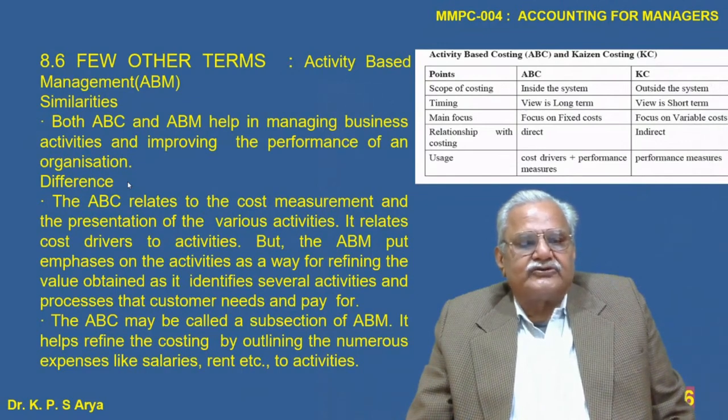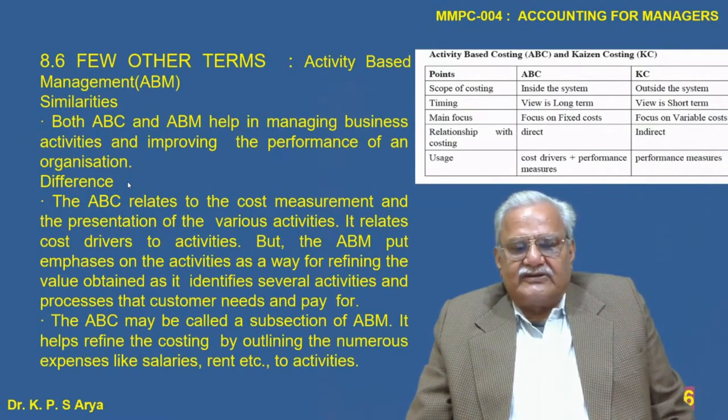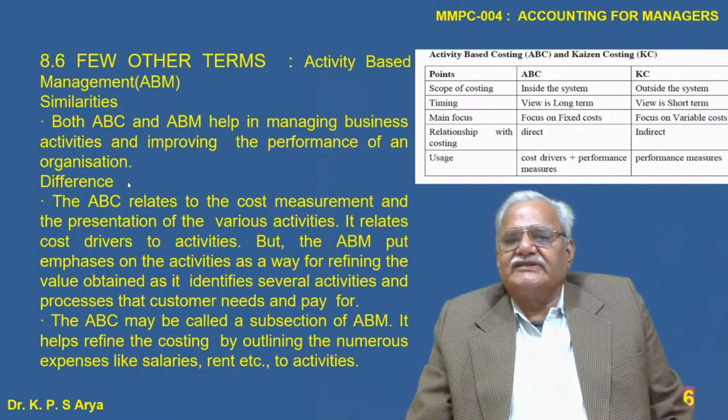It relates to cost drivers of activities, but ABM puts emphasis on the activities as a way of refining the value obtained, as it identifies several activities and processes that customers need and pay for. ABC may be called a subsection of ABM. It helps refine the costing by outlining the assignment of expenses like salaries and rent to activities.